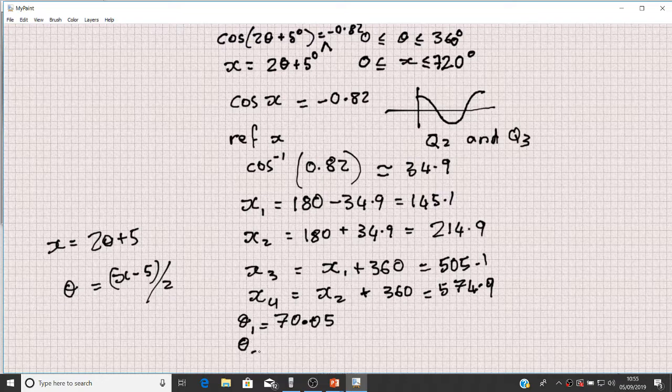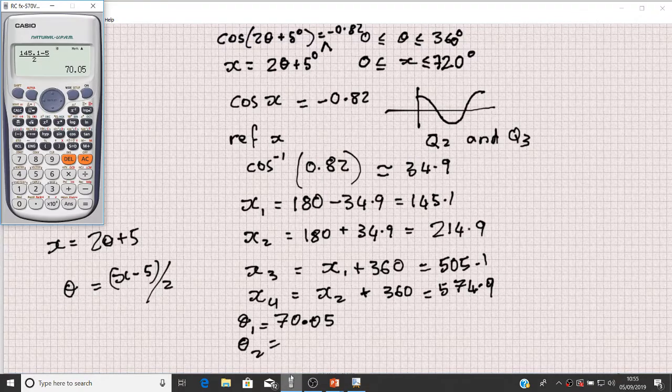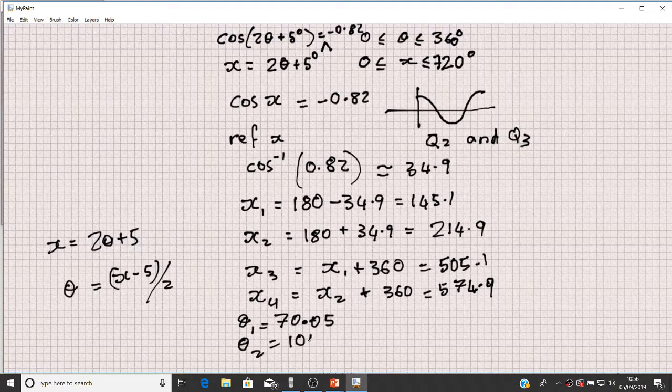Theta 2, now I'll go back to the calculator and edit to put in x2 here. We have 214.9, equals, and we have 104.95 as our second solution for theta. Third solution, theta 3.